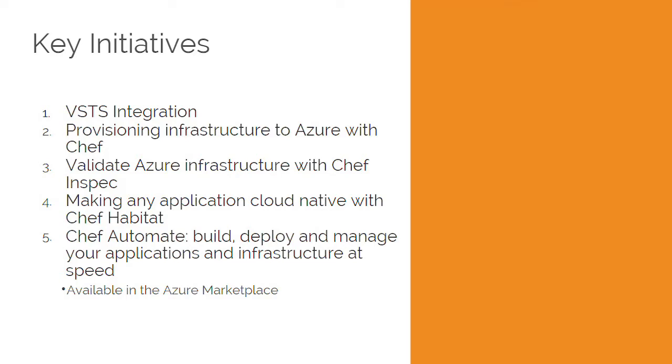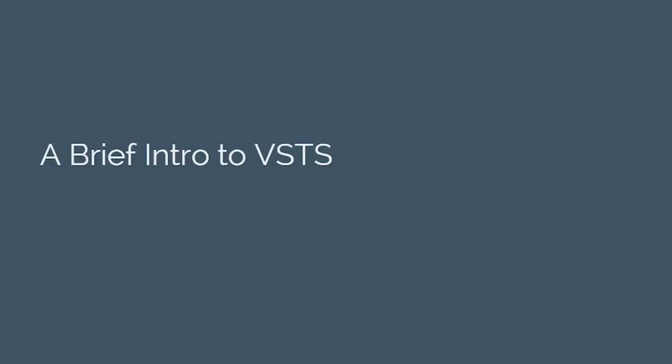We're also actively collaborating on the newest offering from Chef, Chef Habitat, which allows you to make any application a cloud-native application. Finally, please also check out a solution tying the products mentioned above into a single package, adding many features requested by enterprise customers. That solution is Chef Automate, and it's available on the Azure Marketplace.